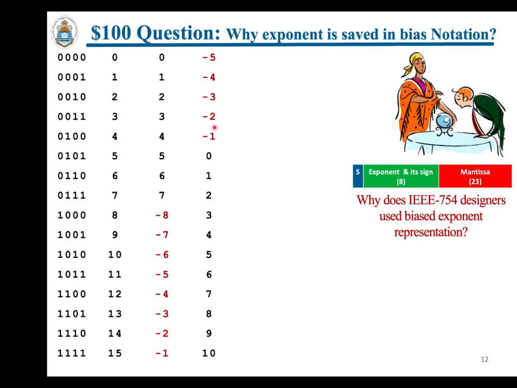From -2, if you want to go to the biased exponent, you add 5. And from the biased exponent to the true exponent, you subtract 5. You subtract 5 from 9 and you fall back to 4. So this way we have an exponent range from -5 to +10: fewer negative exponents and more positive exponents.